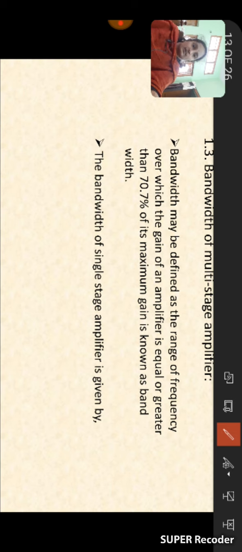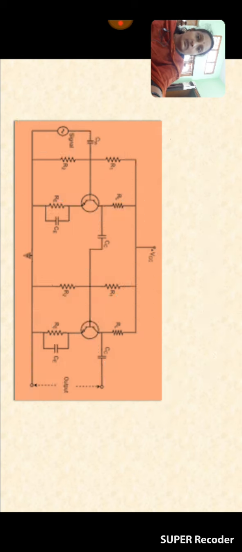And bandwidth means the range of frequency over which the gain of an amplifier is equal to or greater than 70.7% of its maximum gain. And the bandwidth of a single stage amplifier is given by, see here, the formula.